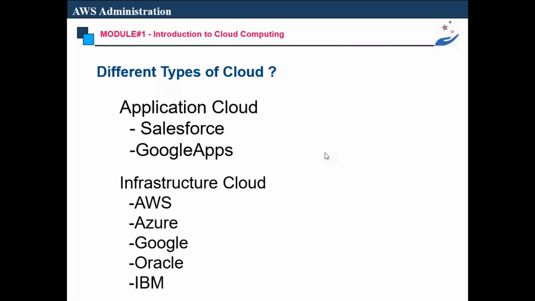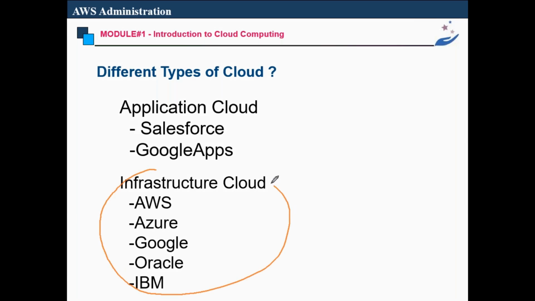We have application cloud computing and infrastructure. On the application side, we have Salesforce and Google Apps. On the infrastructure side, we have AWS, Azure, Google Cloud, IBM and others.